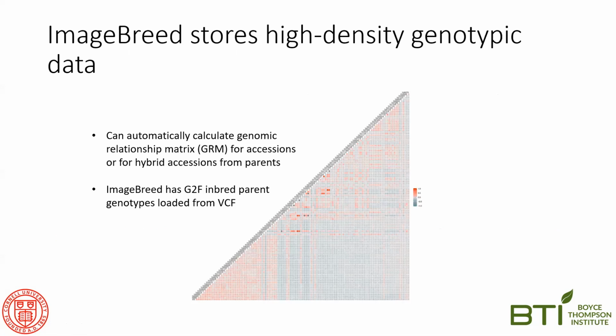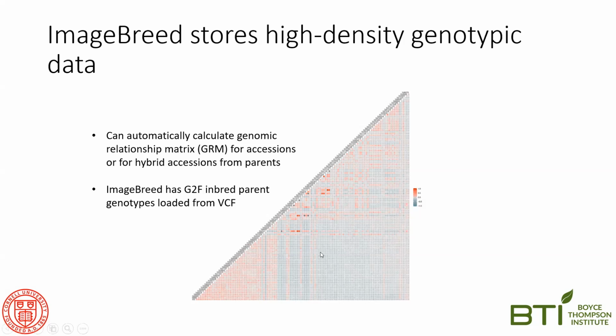So Breedbase can store high-density genotypic data, and using that high-density data, we can automatically calculate the GRM. It's a bit slow, but that can be sped up.